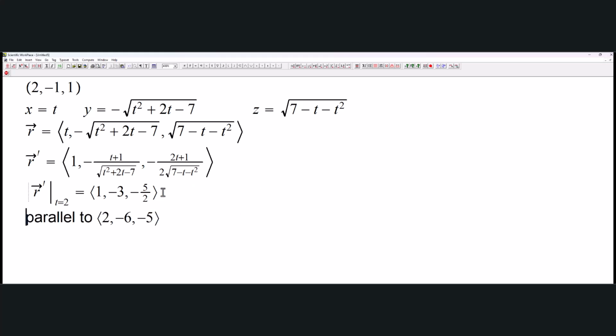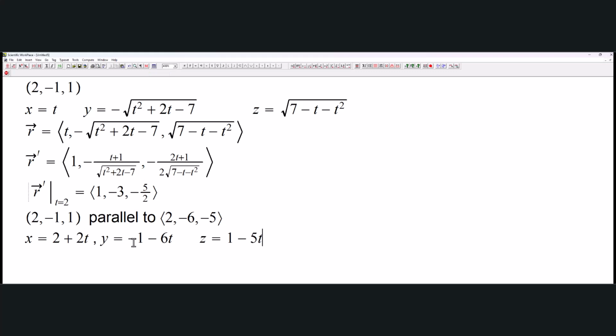Let me just bring it here because we have to write the line that passes through this point and is parallel to this vector. So the equation of that line will be x equals 2 plus 2t. And likewise, we can obtain y equals negative 1 minus 6t and z equals 1 minus 5t.